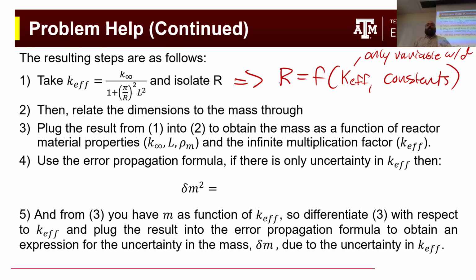So if I have this relationship between my radius and K effective, I can relate the radius to the mass. In other words, I can relate the mass of the sphere to the dimensions of the sphere through what quantity? What quantity can relate the mass of an object and its dimensions?